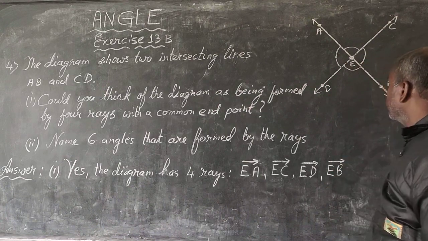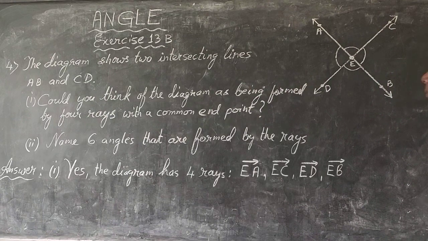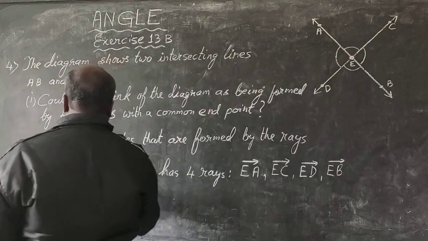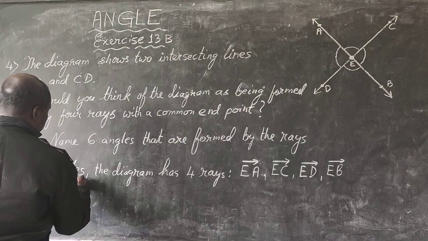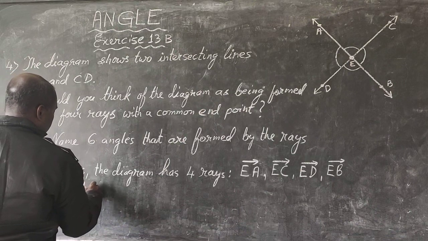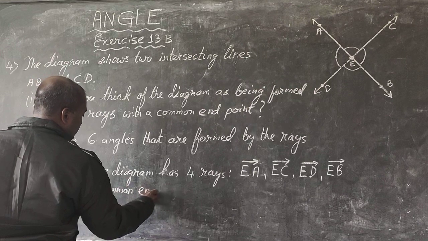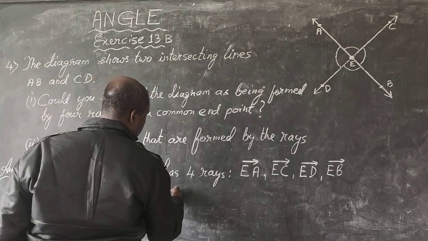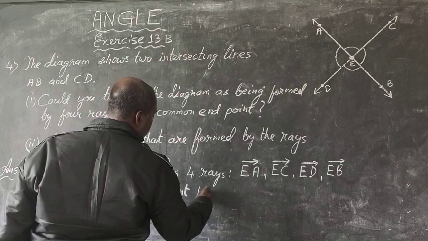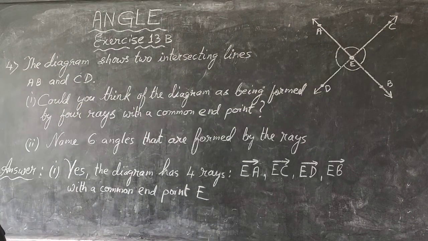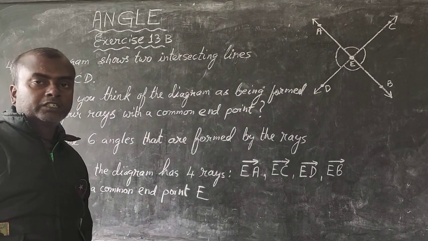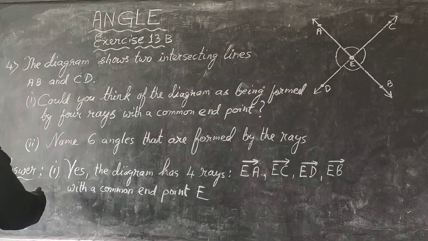These are the four rays with a common endpoint. What is the endpoint? E. That means E serves as the vertex for all these four rays. So this is the first part's answer.